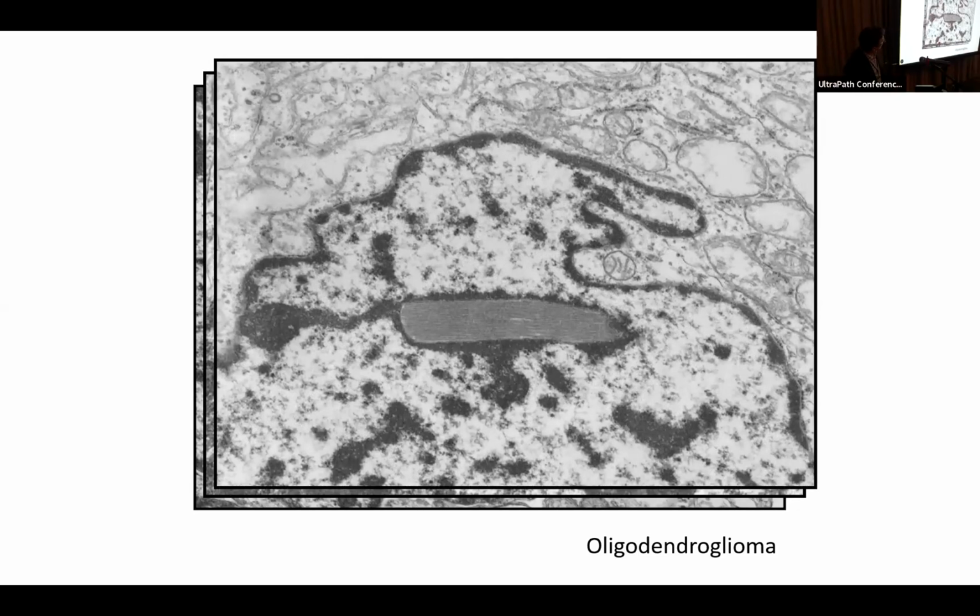And then later on, you can't see the nuclear membrane anymore. It looks like these are true nuclear inclusions when they're really just these cytoplasmic tubules that have kind of been swallowed up and engulfed by the nucleus.